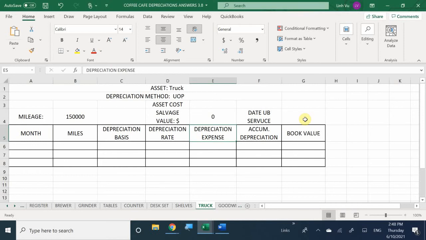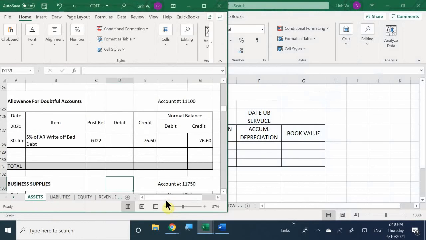Now, where can we find where my total truck cost is? The regular ledger, yes. All right, where do we go? Look for it right now.